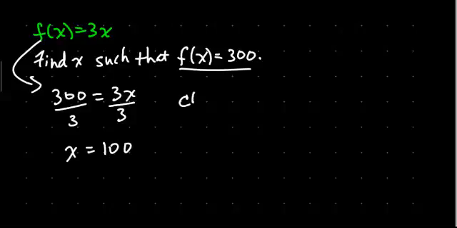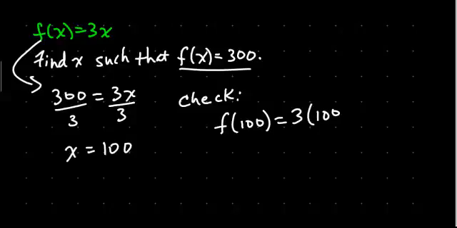Let's do a check. f of 100 equals 3 times 100, which equals 300. So we found x such that f of x equals 300 because f of 100 equals 300.